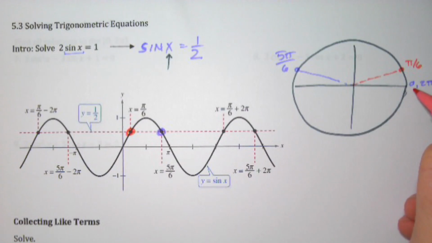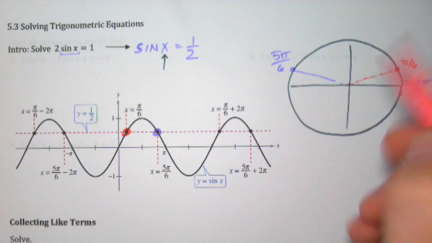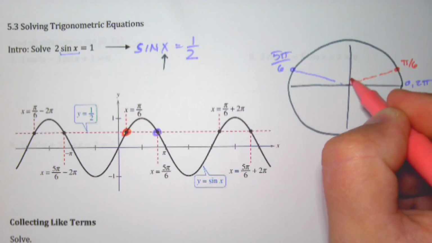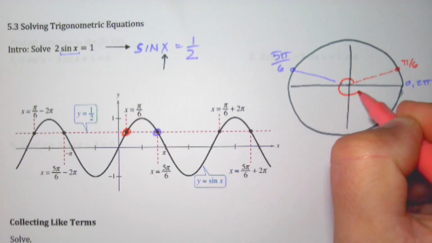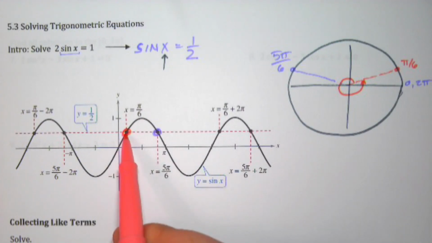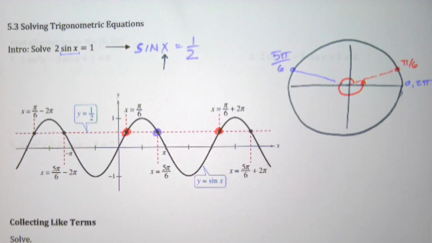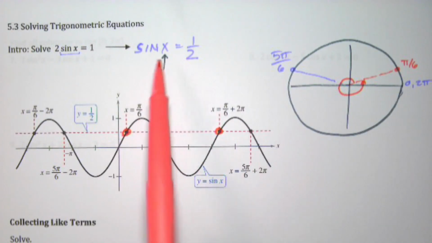If I wasn't just limited from 0 to 2 pi, and I could go to 4 pi or negative 20 pi, or I could use any of those rotations, as we know with all our trig functions, after one full rotation, as we end up at that same terminal side, our trig value doesn't actually change. So if we take pi over 6 and add a full period, that 2 pi, that's going to land us at another one of our possible answers to this equation.